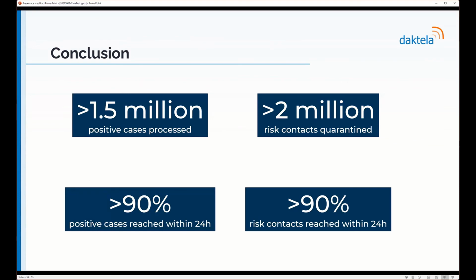If I would have to conclude the success of the project, imagine that with 10 million people, over 1.5 million positive cases have been processed by the system. We generated over 2 million risk contacts. So this means that almost half of the population has been processed by the contact tracing already. And in the long term, the contact centers have reached the KPIs of having over 90% of people reached within 24 hours, which is valid for both the positive cases and the risk contacts.